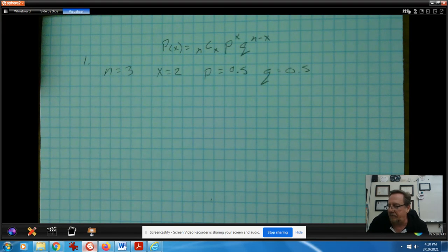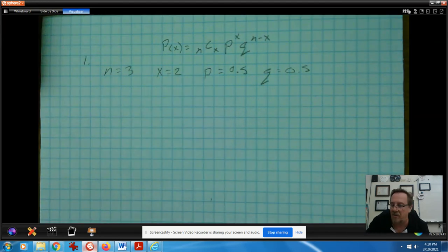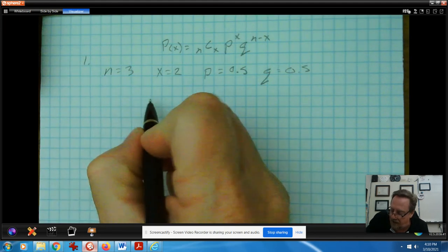So let's do the calculation to see what's the probability that we have exactly 2 girls in this particular case.